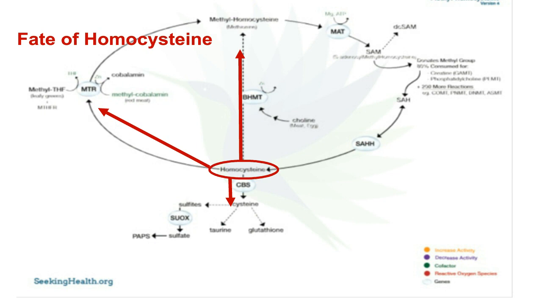Or it can come straight south through the CBS enzyme that we see here, which is the opening to the transsulfuration pathway. So there are three things that can happen to homocysteine, and when homocysteine is abnormally high, we have to be thinking about all three of these routes. Two routes may be fine, but one may be clogged up, or vice versa.